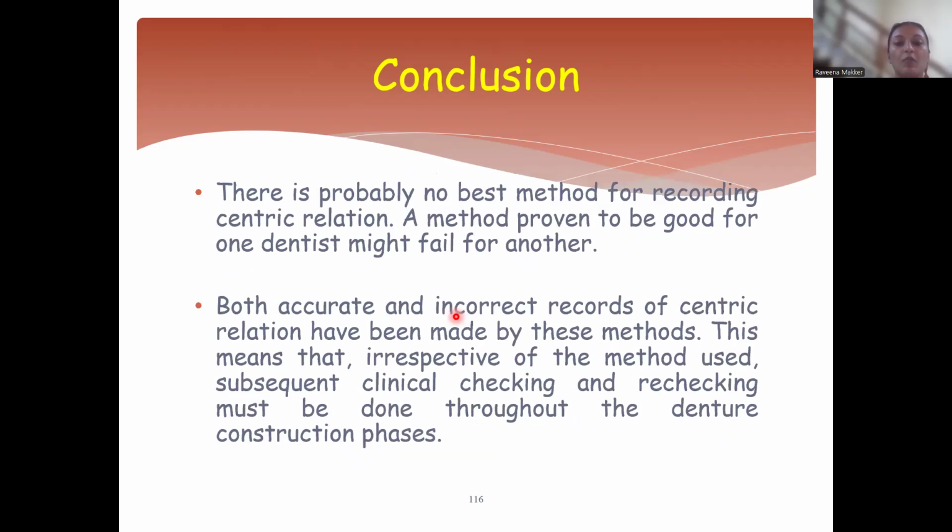There is probably no best method for recording centric relation. A method proven to be good for one dentist might fail for another. Both accurate and incorrect records of centric relation have been made by these methods. This means that, irrespective of the method used, subsequent clinical checking and rechecking must be done throughout the denture construction phases. Thank you.